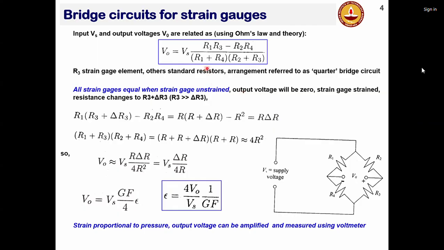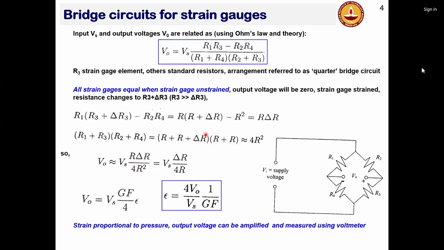Similarly, if you look at the denominator, R1 plus R4 into R2 plus R3. This will be R plus R, and R plus R plus delta R. So this would be basically 2R plus delta R, and this will be 2R.